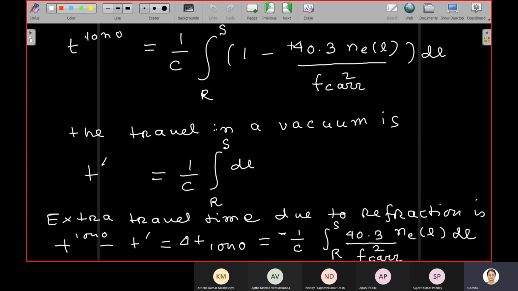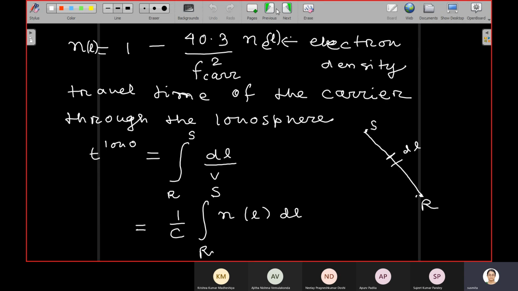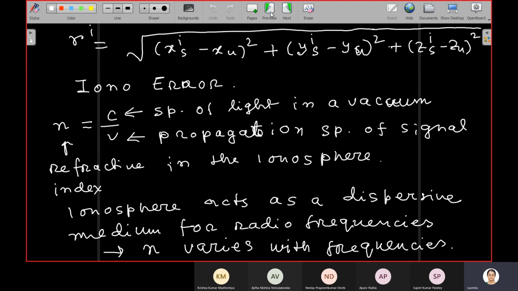Because the refractive index of the carrier in the ionosphere is less than 1. So this indicates that V, which is in the denominator, is more than C. Okay.